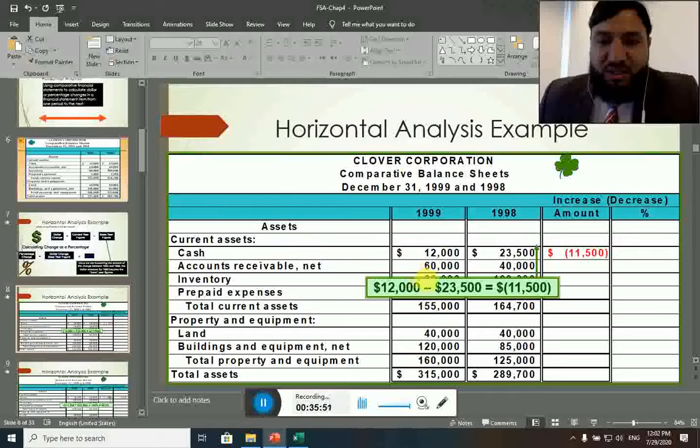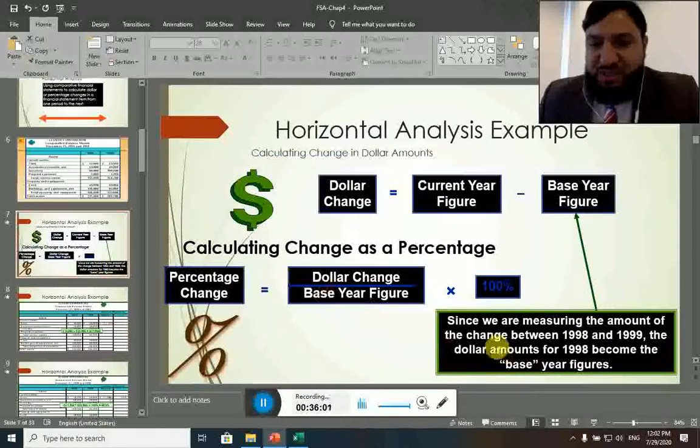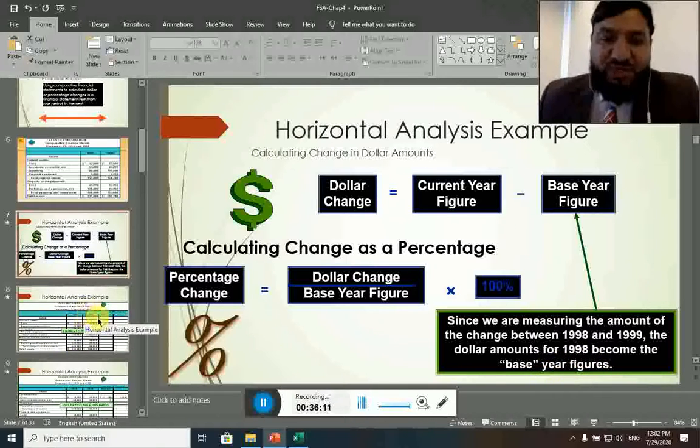So you can see here we have cash of 12,099 and 23,098. First we have to see which one should be the base year. Since we are measuring the amount of change between 1998 and 99, the dollar amounts for 98 become the base year figure. The year which is the oldest, we usually take as the base year.